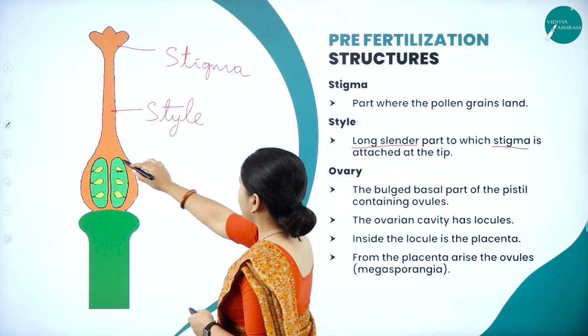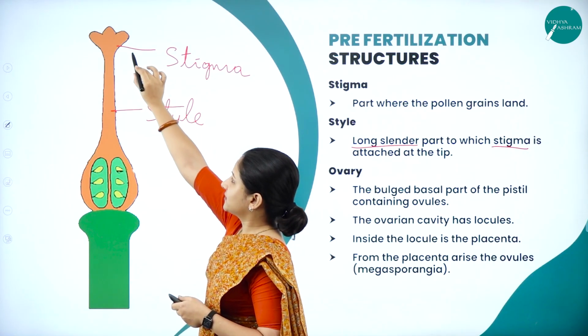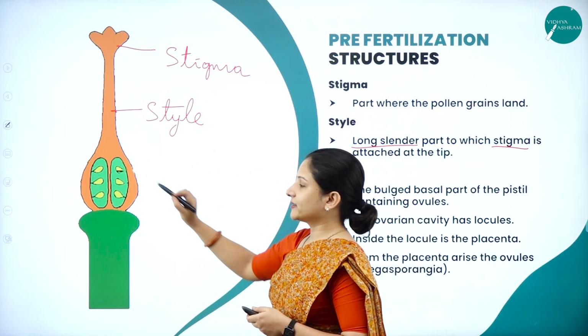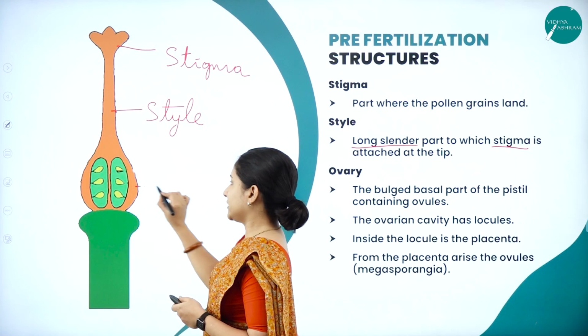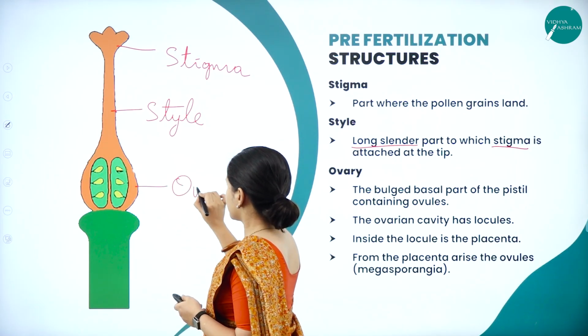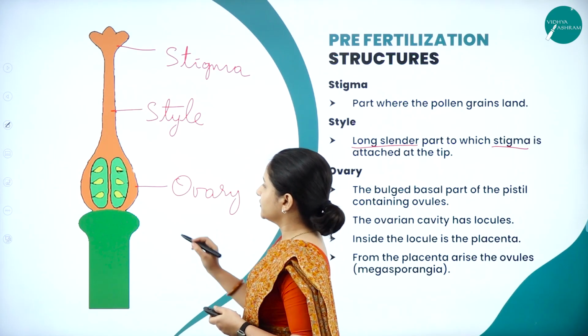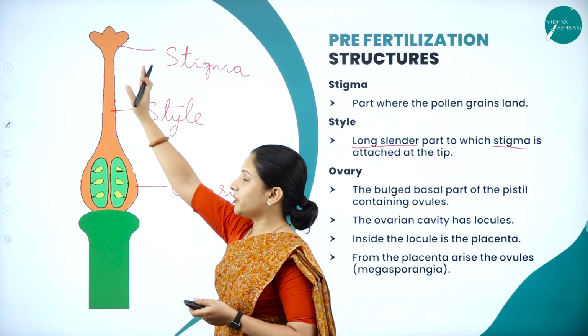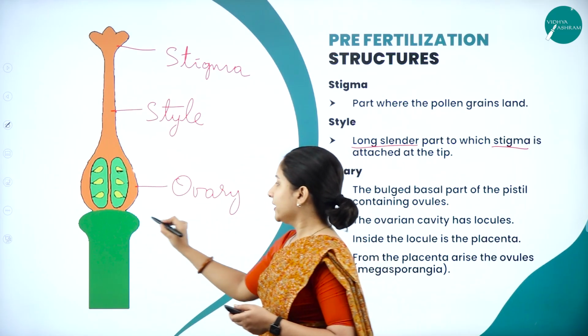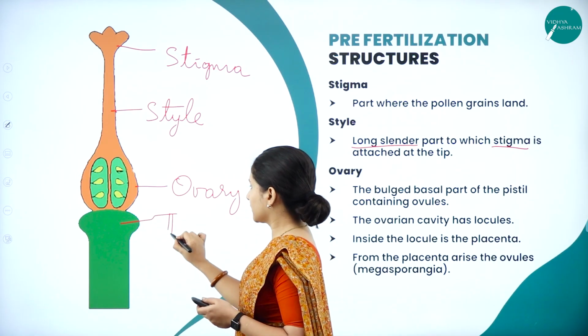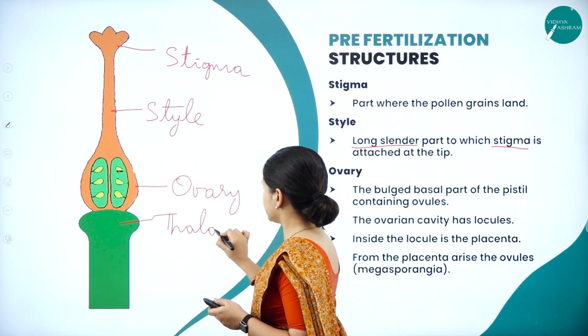One end of the style is attached to the stigma and the other end is attached to the ovary. So the next important part in a Gynecium or in a pistil is the ovary. You can see here, even this female reproductive part is placed on the thalamus.